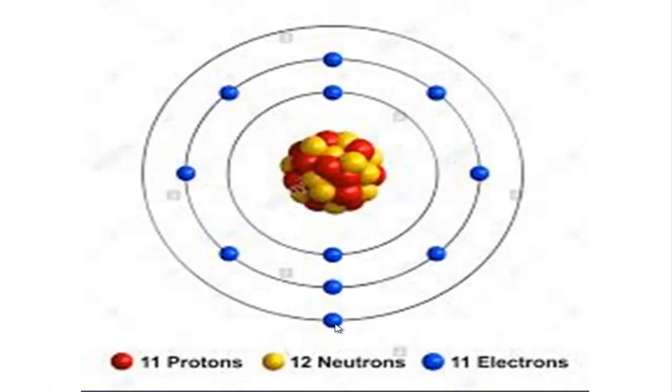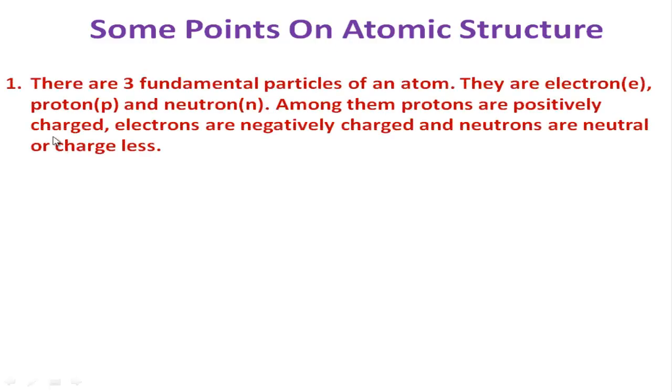So from this observation, from this picture we observe some points and I have arranged these points here. So now follow the points carefully. The first point is, there are 3 fundamental particles of an atom and they are electron, proton and neutron.